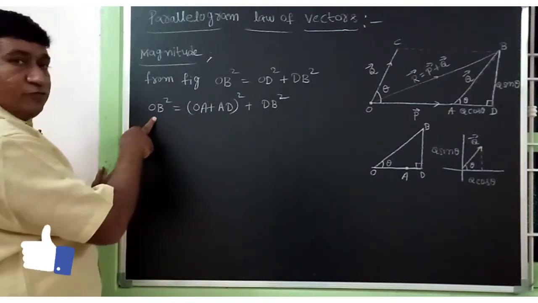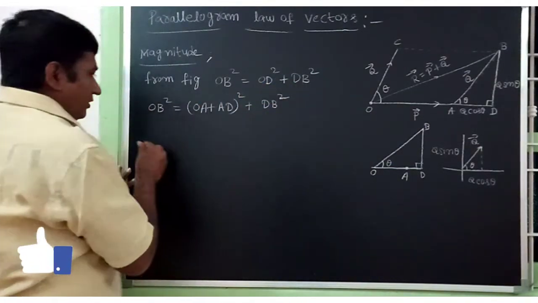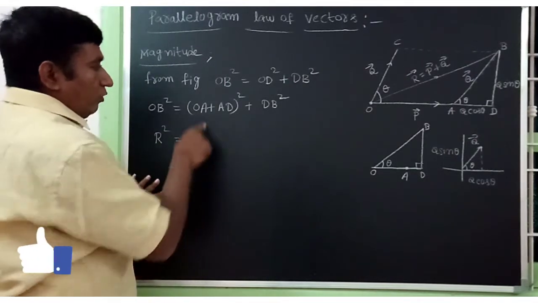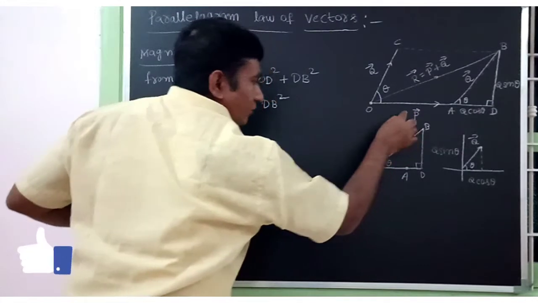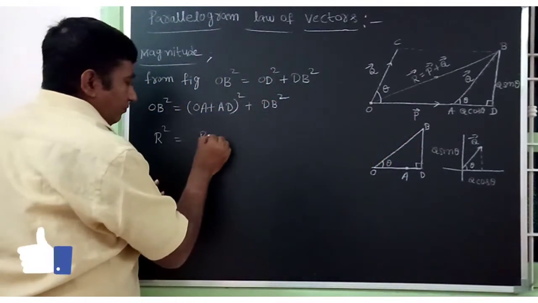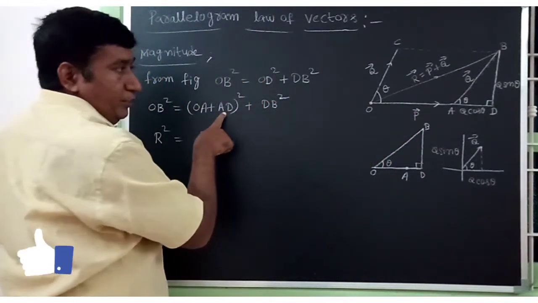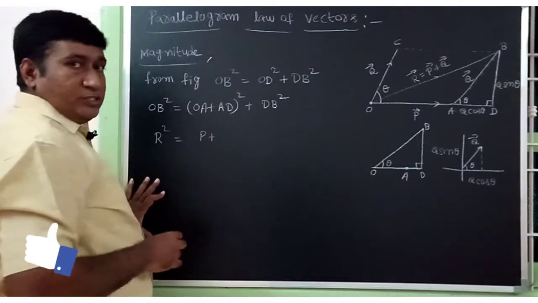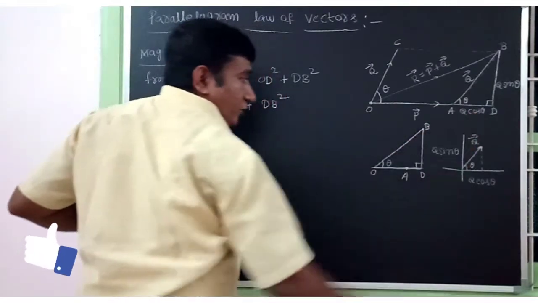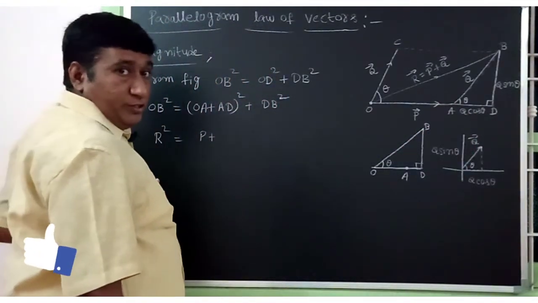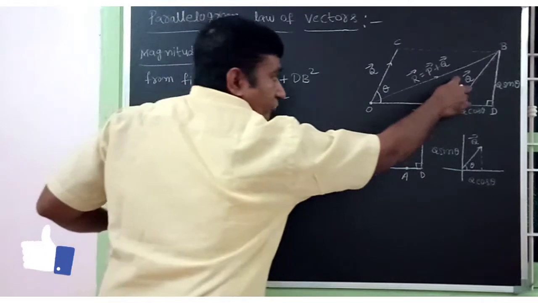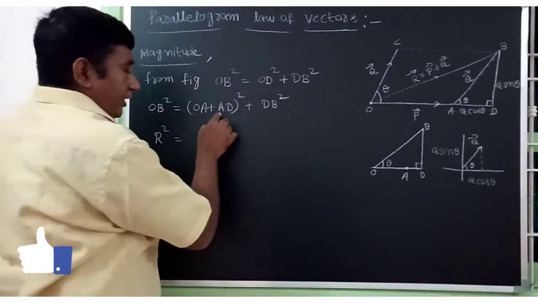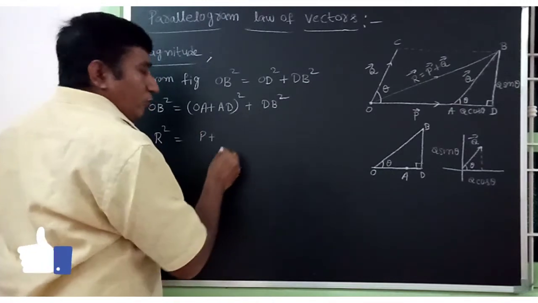Now in terms of magnitude, OB is the resultant vector. So R square equals OA in terms of magnitude, P, plus AD. Here AD, from A to D, is Q cos theta. The resolution of vector concept has already been discussed. Q can be resolved into two components, along horizontal and along vertical, so AD is Q cos theta.